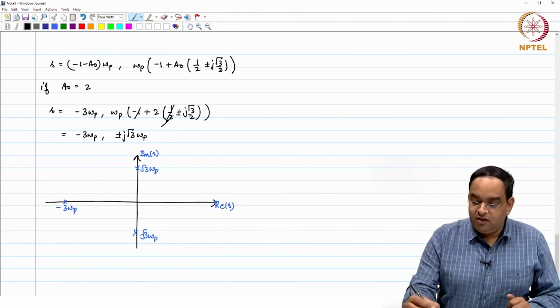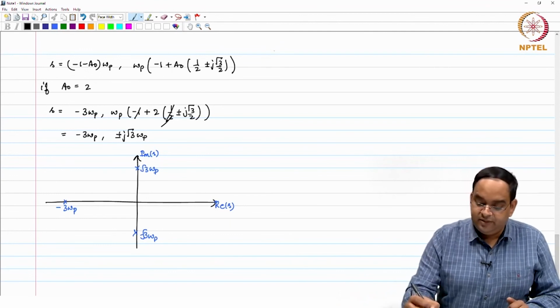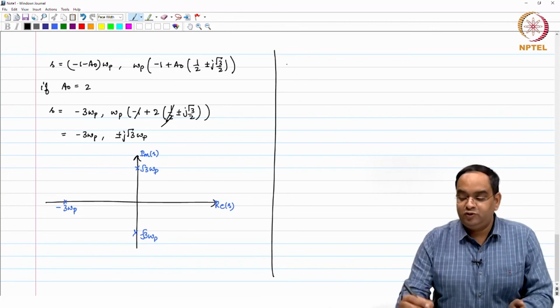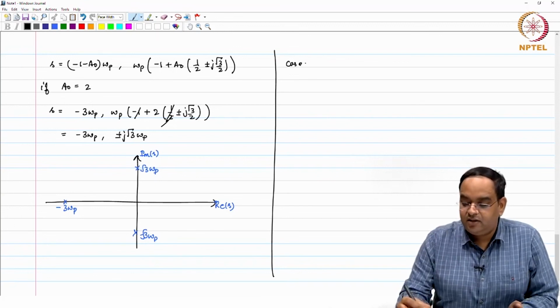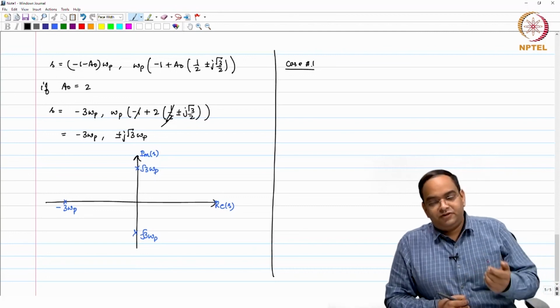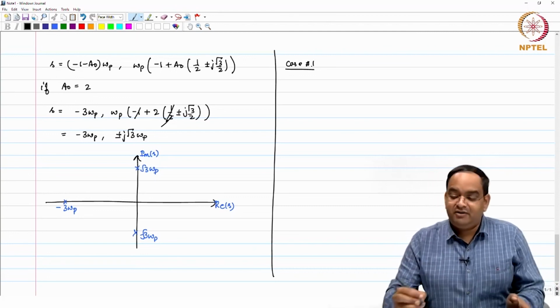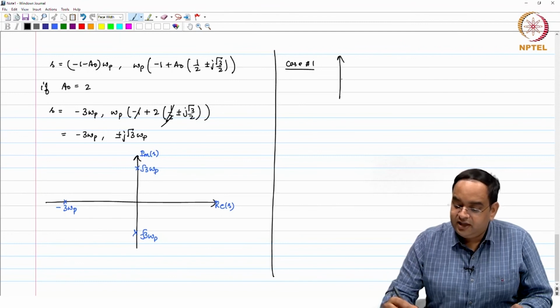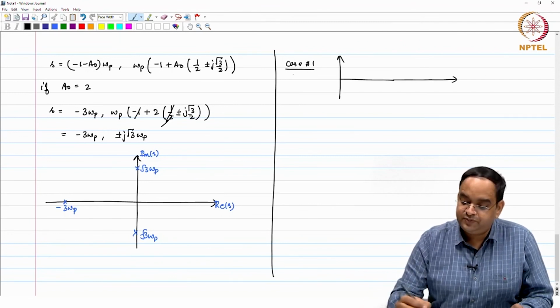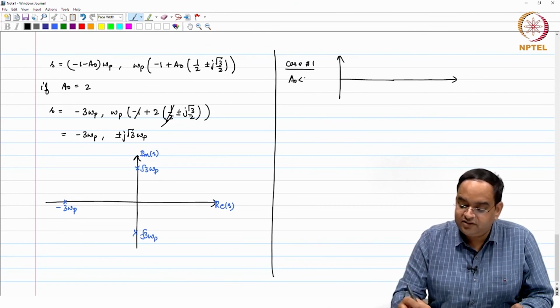Okay. Now, if I take this particular closed loop system, and I disturb the system and just observe in the transient domain. Case 1 is A0 less than 2.